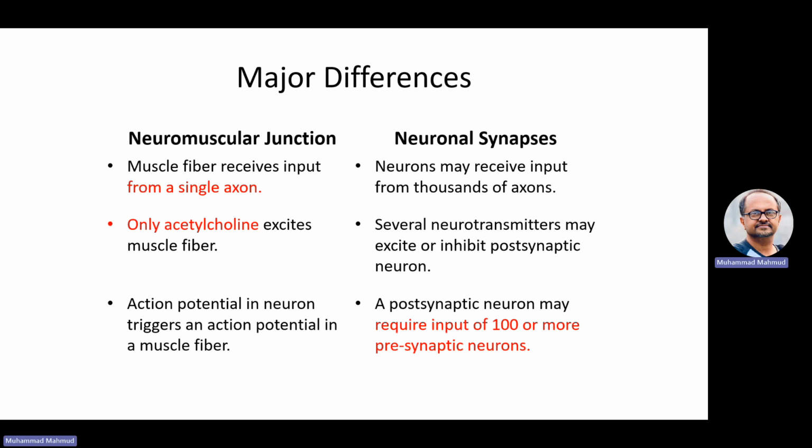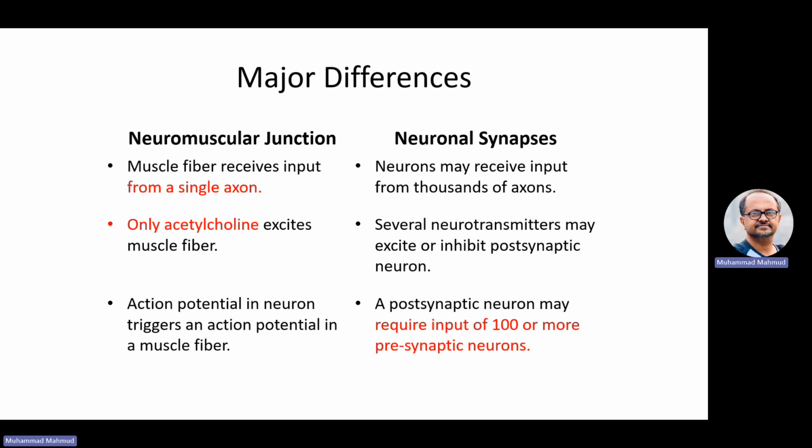In a neuromuscular junction, the muscle fiber receives input from a single axon. One single axon is sending that input to the muscle. But in neuronal synapses, the neurons may receive input from thousands of axons. It's much more complicated.